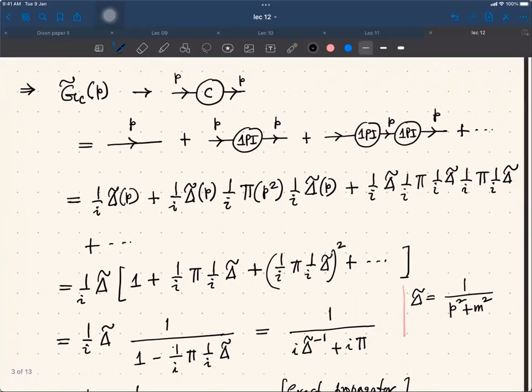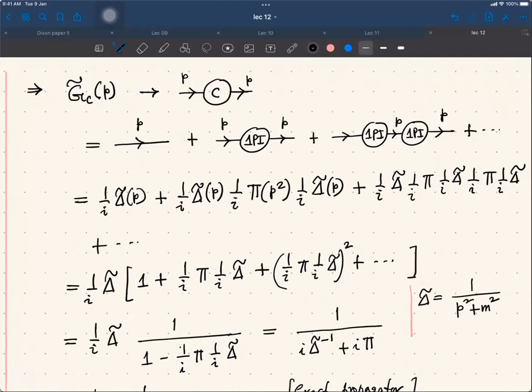So when I write an arrow here like this, it means that this is not the same as this, but it has this 2 pi to the power d times the overall momentum conserving delta function, g tilde times that is this diagram.